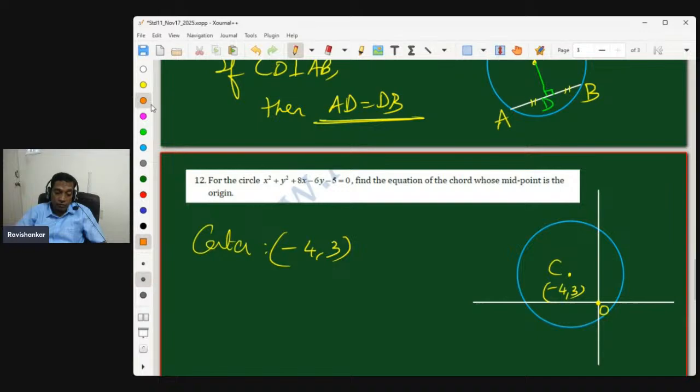We want to find the equation of this chord. What is its main property? If you draw a perpendicular from the center to the chord, it will bisect the chord.